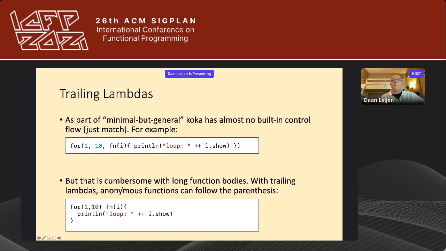But it's cumbersome with long function bodies. So in contrast to the parentheses, we can have trailing lambdas. You can put them behind the parentheses, but it's equivalent to giving it as a last argument. So now you can have this for loop with its body as a regular lambda expression. And this happens a lot in many cases.